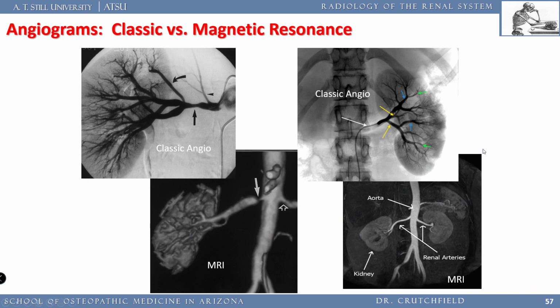Sometimes your patient will come to you with hypertension and renal artery stenosis right here. Renal artery stenosis can be a cause of hypertension because the kidney down here sees this stenosis as, hey, I'm not getting enough blood.